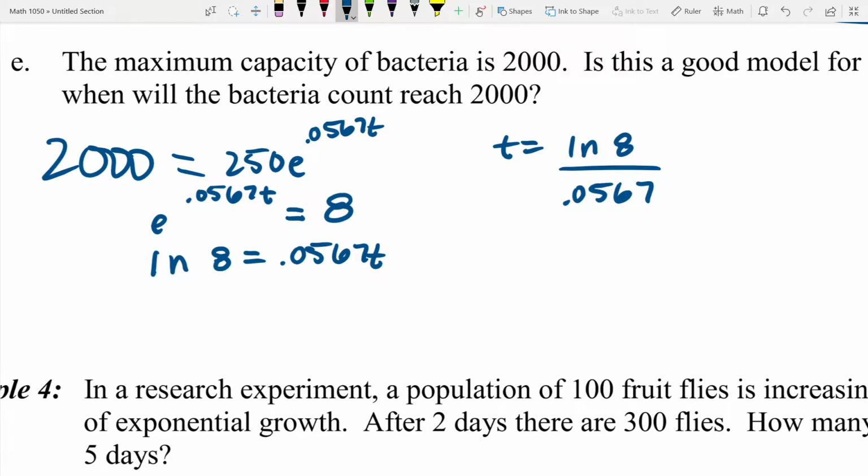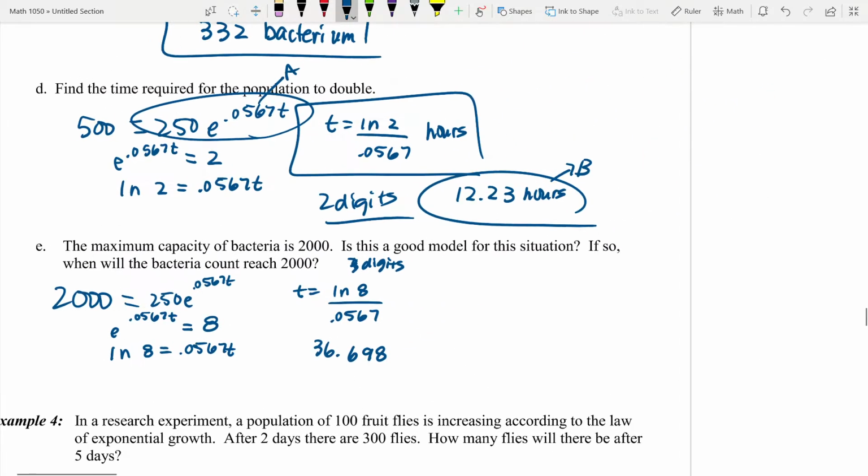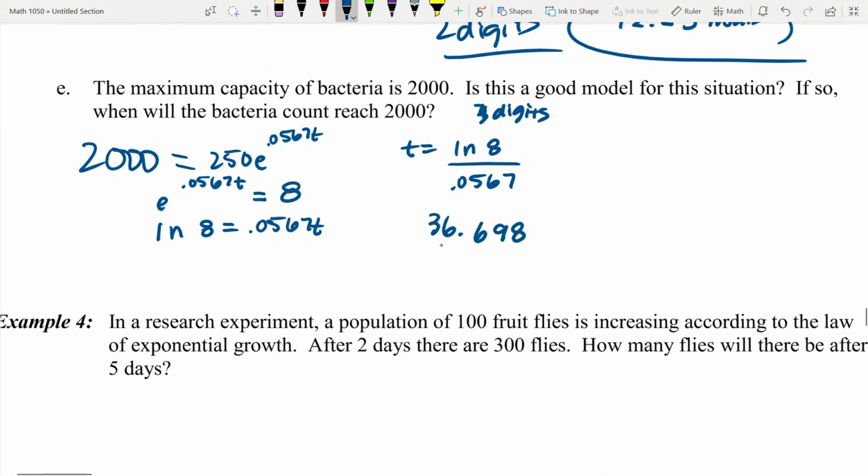Now let's put it in and see what we get. Everybody go ln 8, close it off, divided by the stored k, enter, and I get 36 point, if they told me to go 3 digits, then it would be 36.698, and this is in hours.